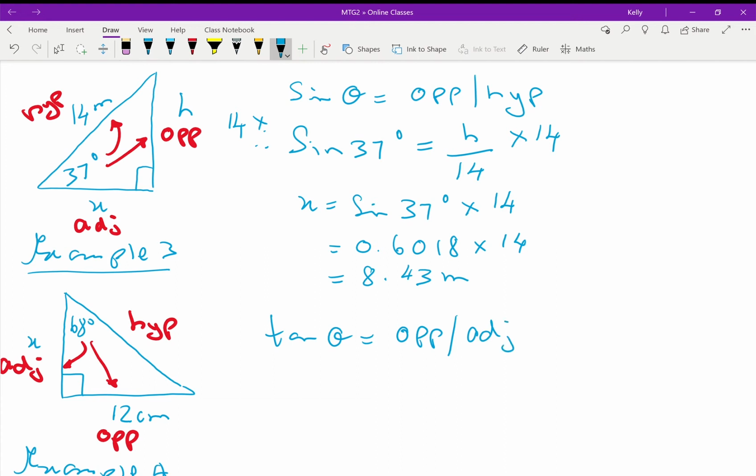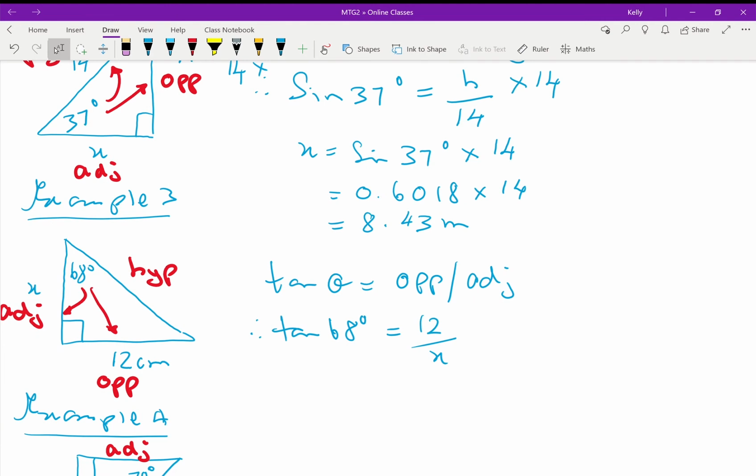My angle is 68 degrees, my opposite side is 12, and my adjacent I don't know, which is x. So let's substitute those values in.